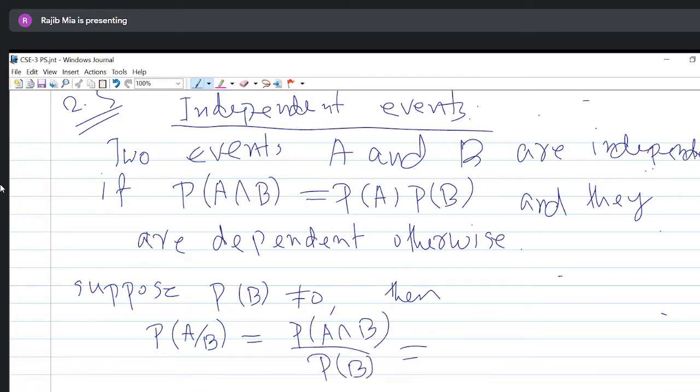Then probability of A intersection B is probability of A into probability of B, since A and B are independent.